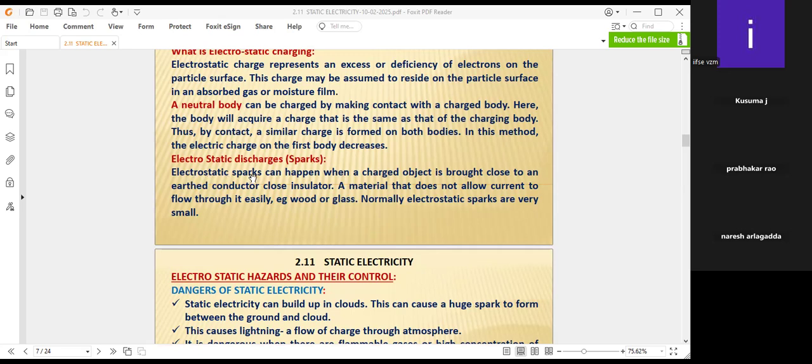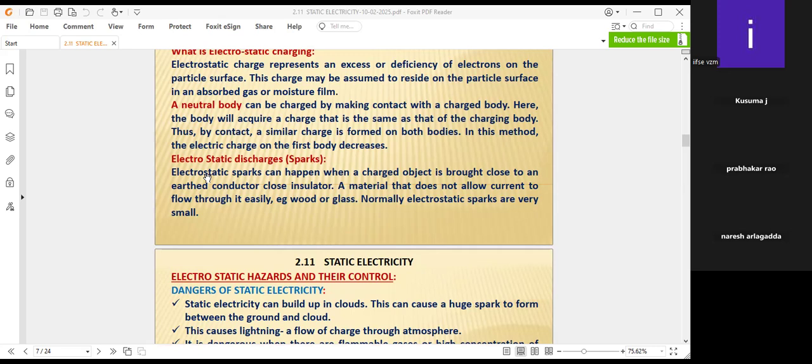Electrostatic sparks can happen when a charged object is brought close to an earthed conductor or insulator. An insulator is a material that does not allow current to flow through it easily. With a charged body and a neutral body close together, electron transfer happens. But here, instead of a neutral body, we have an insulator.